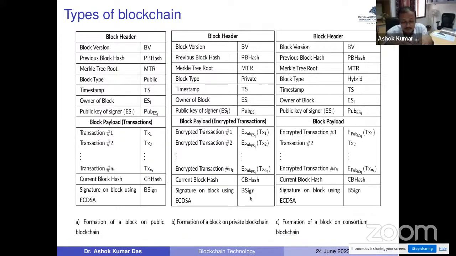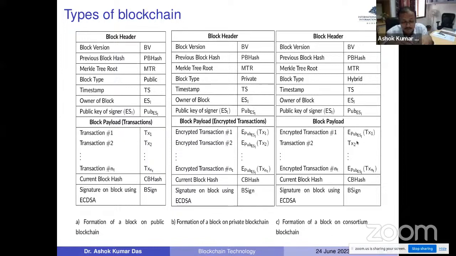And side by side, we look at something known as the consortium blockchains. In consortium blockchains, some of the transactions can be encrypted, and the majority of the transactions can be in unencrypted format. Whichever way we have these transactions, the Merkle root will be created on these transactions.